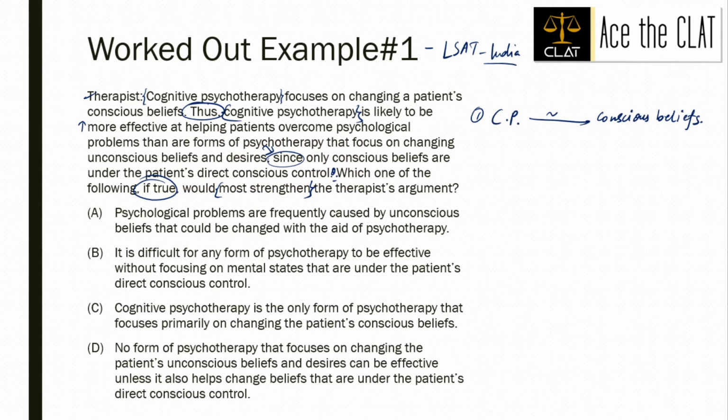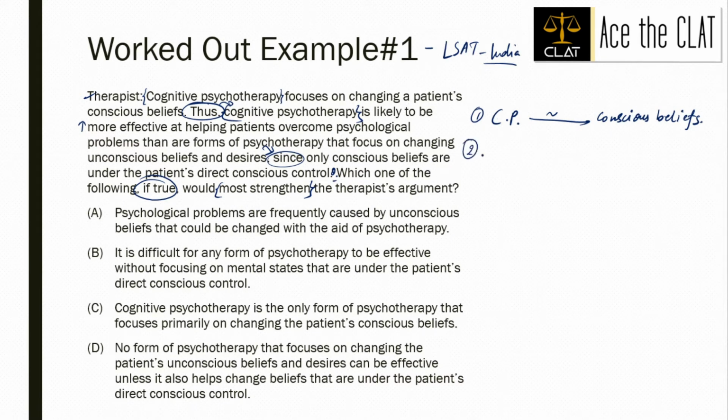I am sorry, he says since. As I've told you, whenever the author is giving a reason, he or she is actually presenting the evidence: yes, for this reason I am saying this. Since only conscious beliefs are under the patient's direct conscious control.